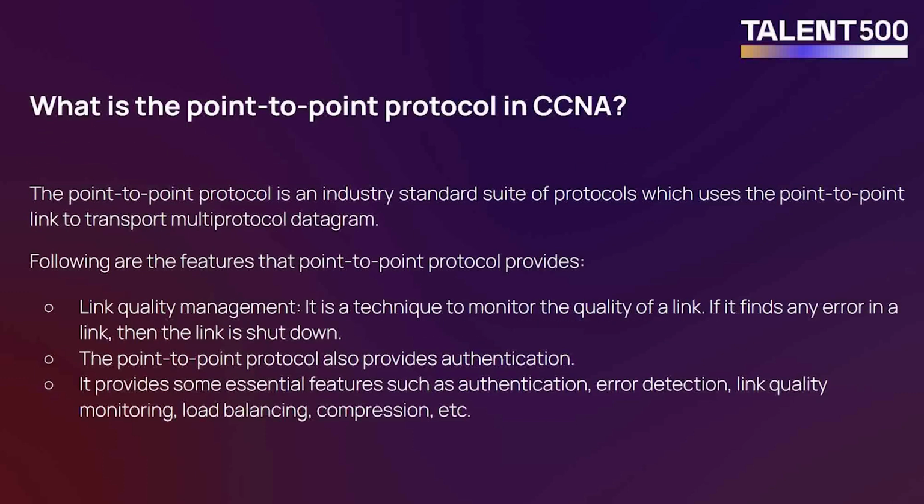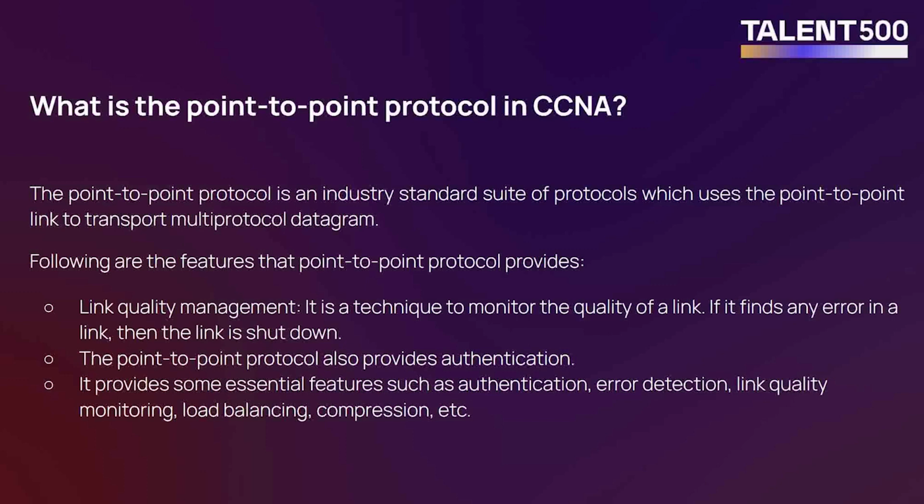Going to our next question, which is what is point-to-point protocol in CCNA? First, you have to explain what is point-to-point protocol, and then you have to explain what are the features of it. Now, the point-to-point protocol is an industry standard suite of protocols which uses the point-to-point link to transfer multi-protocol datagrams.